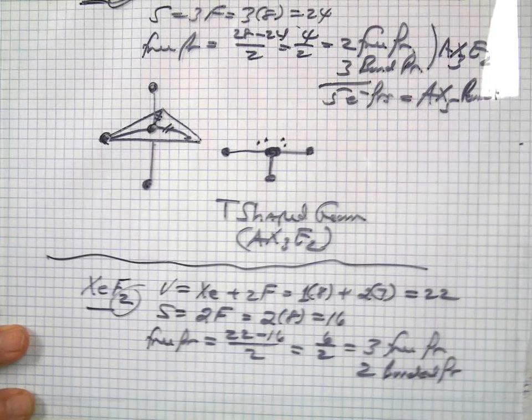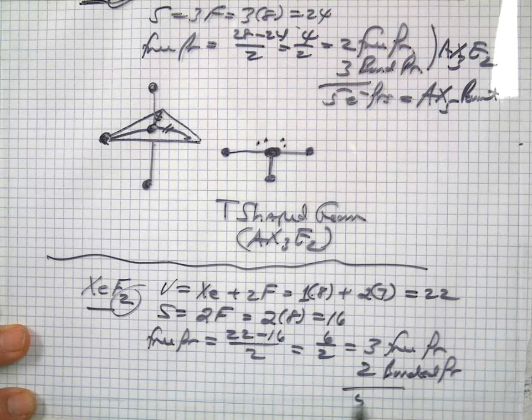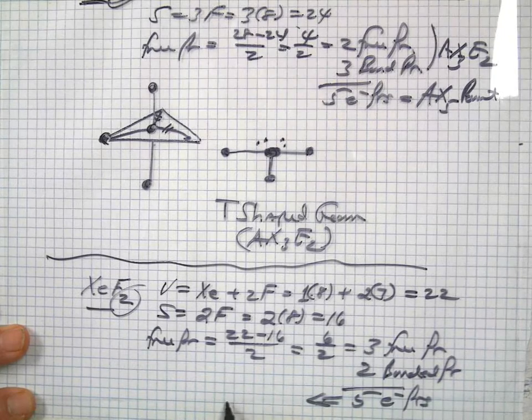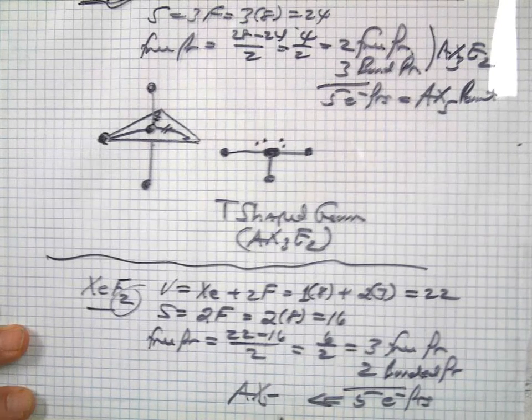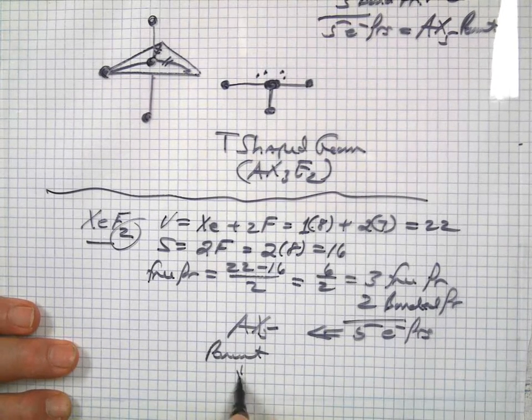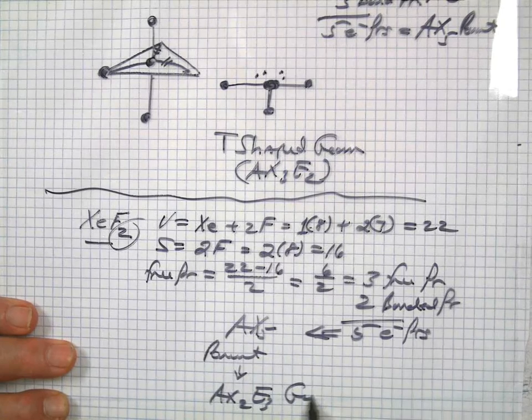Just look at the molecule, there's your bonded pair. You total it out, 3 and 2 is 5 electron pairs, which simply means you have an AX5 parent that gives an AX2E3 geometry.